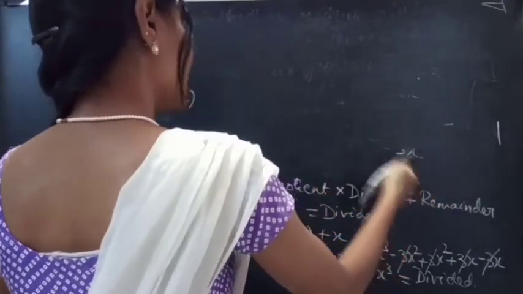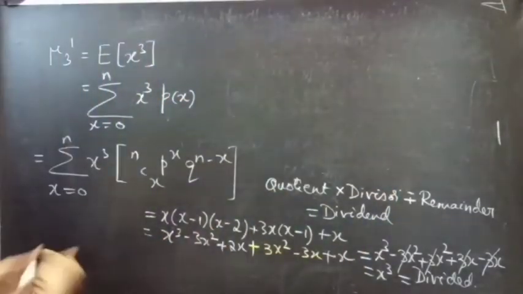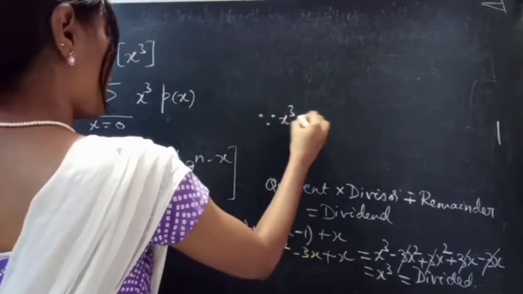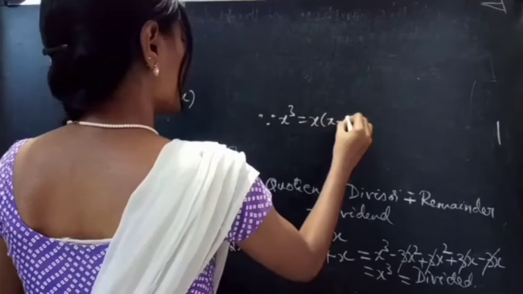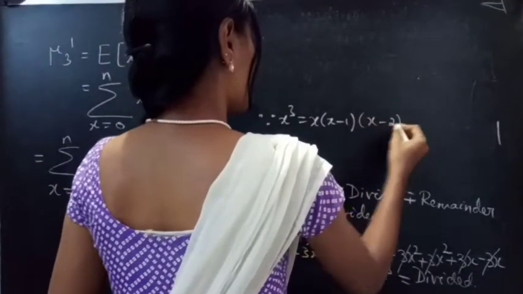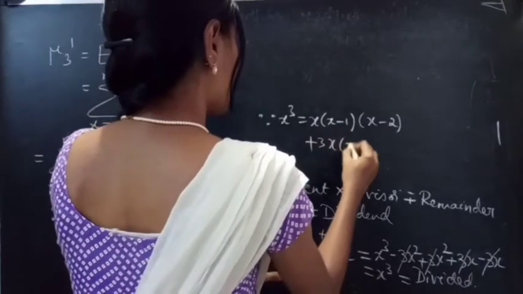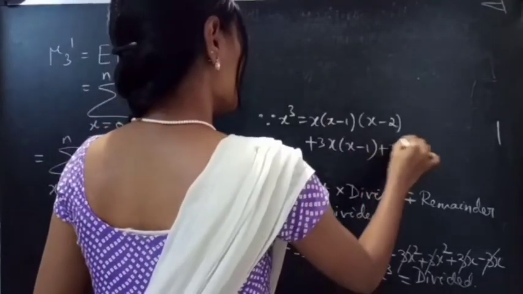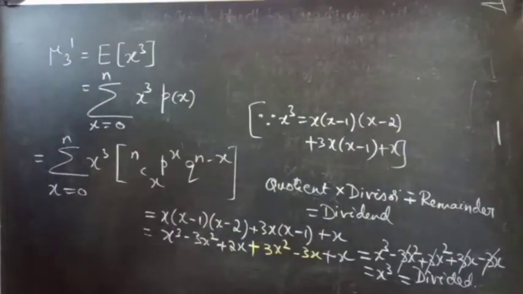This is an easy technique to find x cube in terms of x into x minus 1 into x minus 2. Since x cube equals x into x minus 1 into x minus 2 plus 3x into x minus 1 plus x, we can now replace x cube by this.